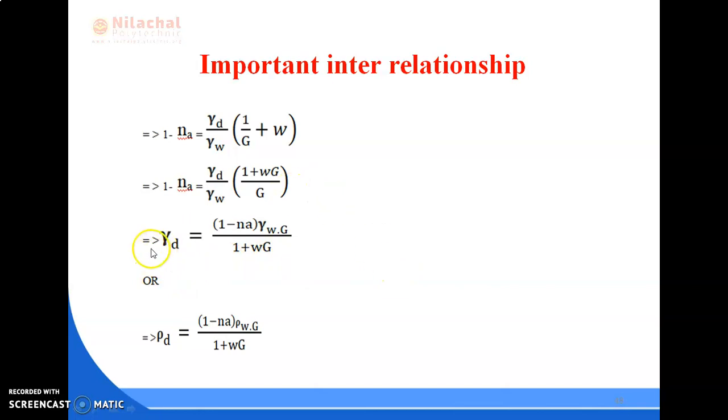This is the relation between gamma d, na, G and w.